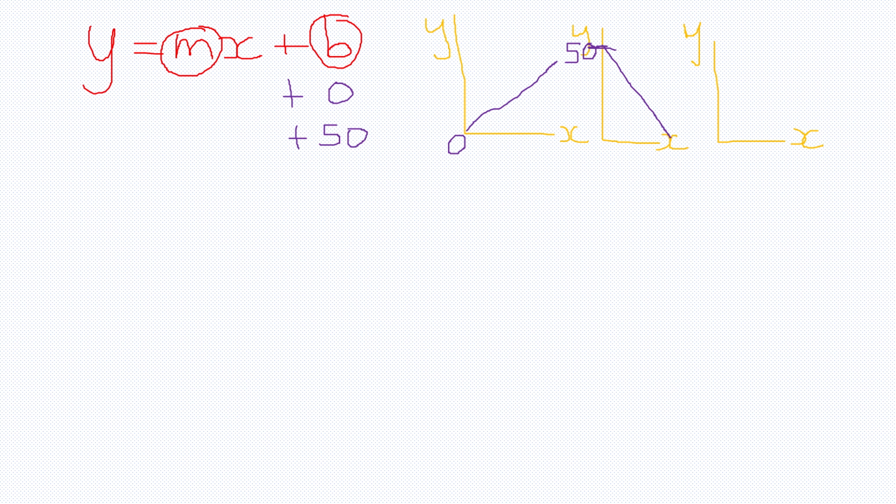On the other hand, if we have an example coming down from the left to the right, and if it cuts the axis at probably 30, then our y value will be plus 30.